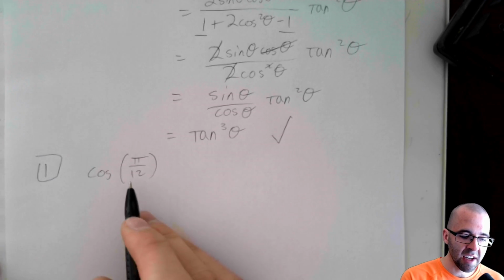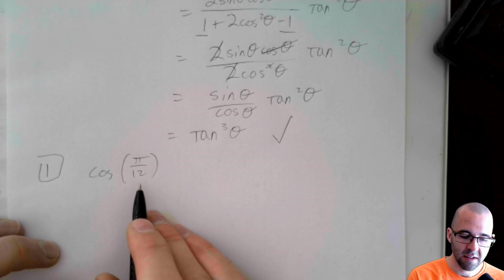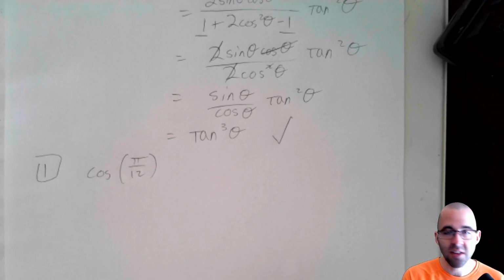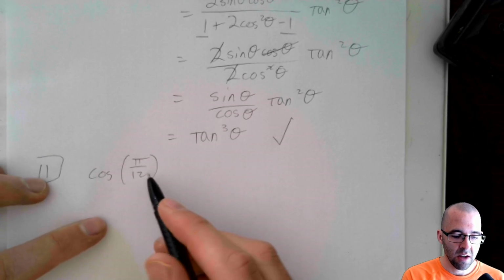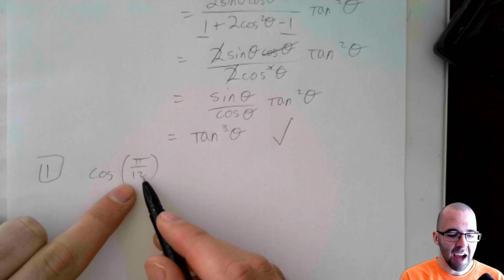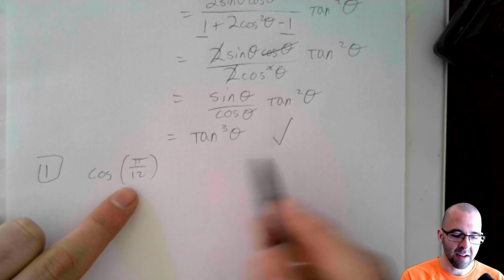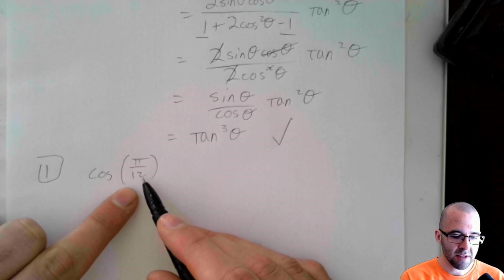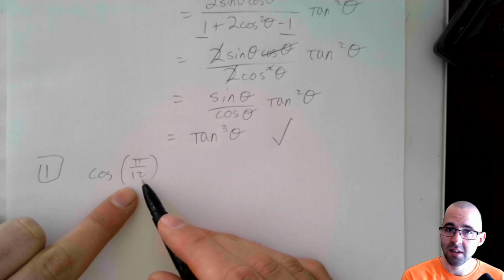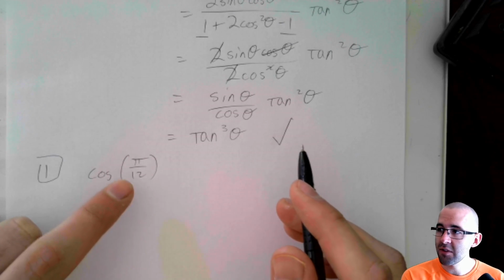So when you're looking at this, you should be thinking identity. Half angle formula is a thought. If we use the half angle formula, on the right-hand side we'd get double this angle, which is pi over 6. Oh, that works. So you can use half angle formula here.